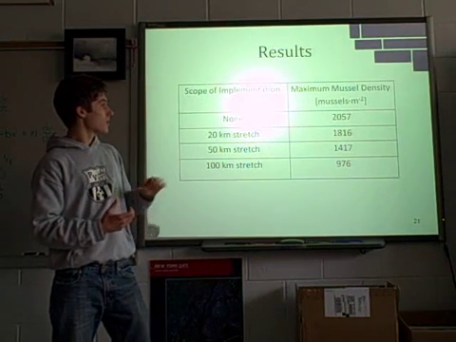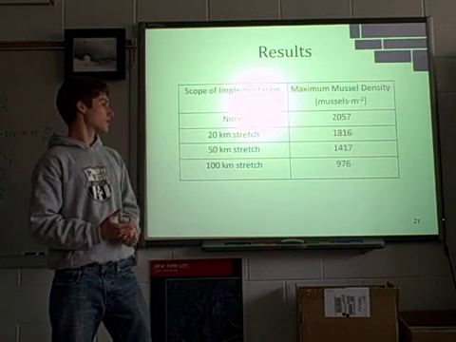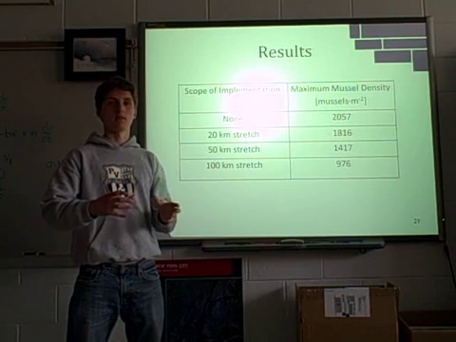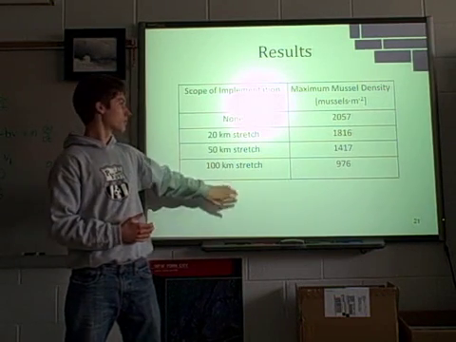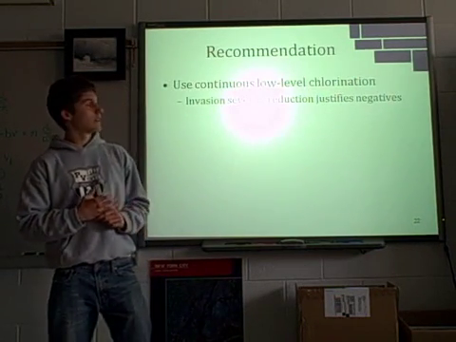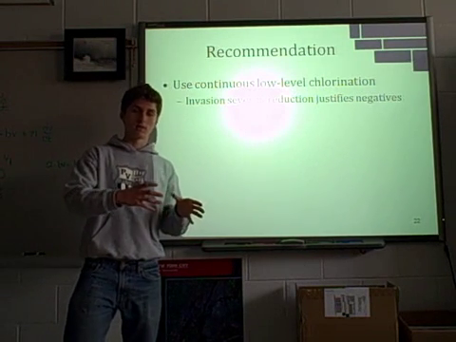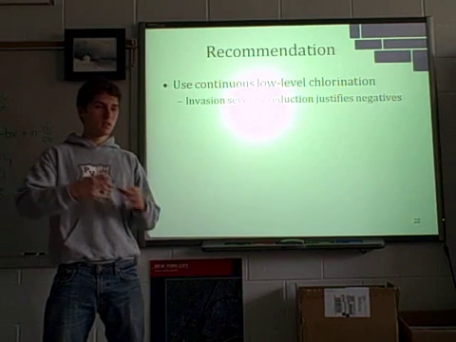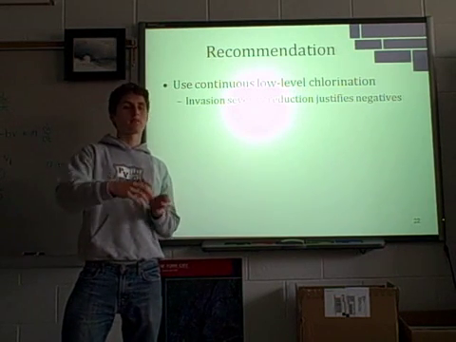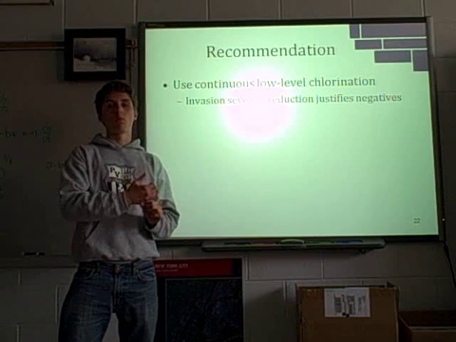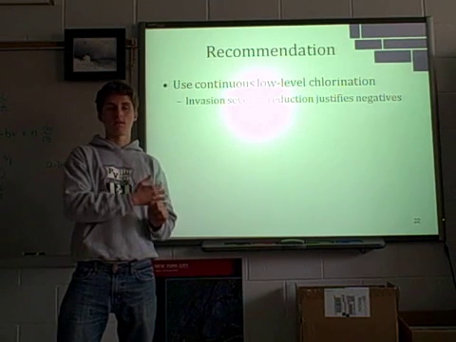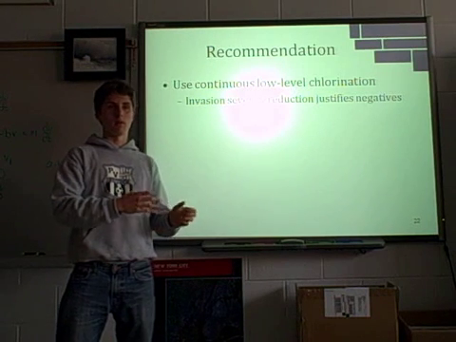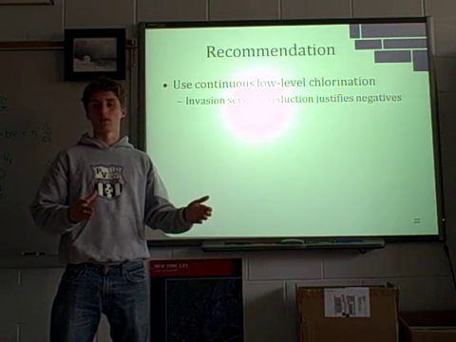So here's kind of a summary. You have a very significant decrease in the max mussel density with this increase in scope of the prevention plan that I proposed. So the recommendation is to use this continuous low level chlorination plan because of the particular aspects of this plan, in that we would only have to implement it for about 7 to 28 days over such a small span of the river, maximum 100 kilometers.